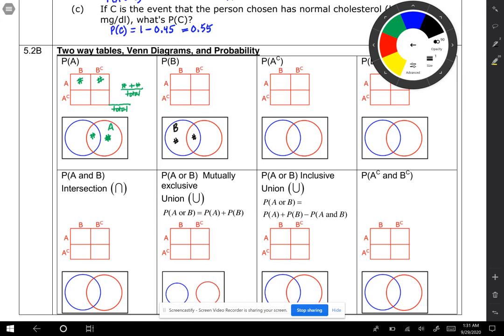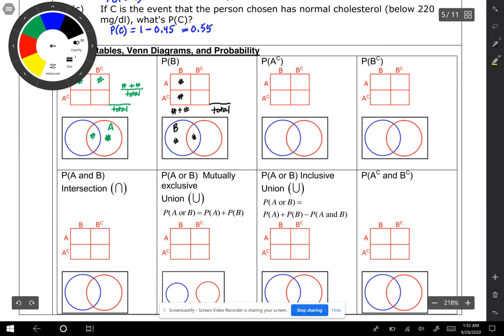The intersection is A and B, and here would be the other one because it's the probability of B and not A. So you would add those two numbers together and then divide by the total. It's not too bad, actually. I really enjoy the two-way tables.